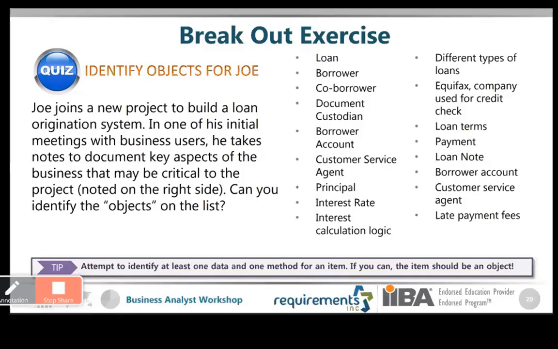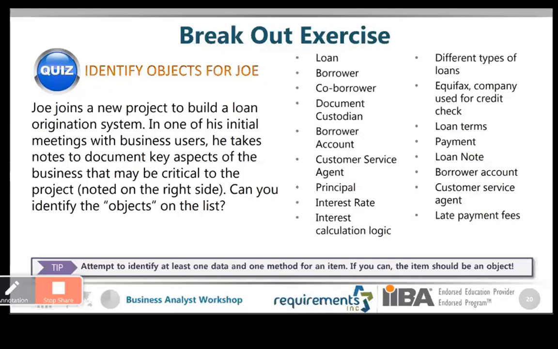That's correct because it's just a document. It's another word for loan terms, right? Borrower account. Oh, it's listed twice. Okay. Customer service agent. Again, twice. Okay. Late payment fees.